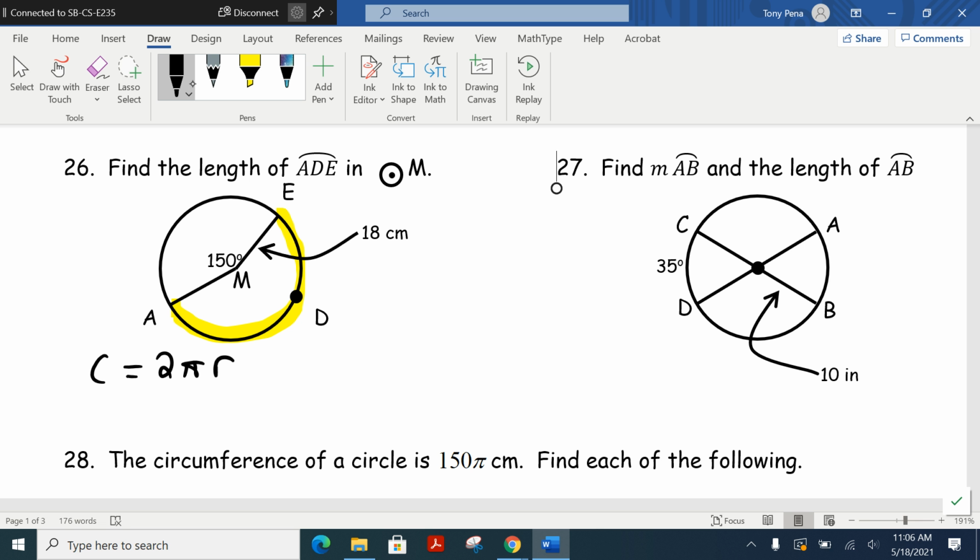But we don't want the whole circle, right? So this is our formula from above. We want to multiply it by whatever fraction of the circle we are actually working with. So we're going to take whatever angle makes up that arc, and divide that by 360 degrees.